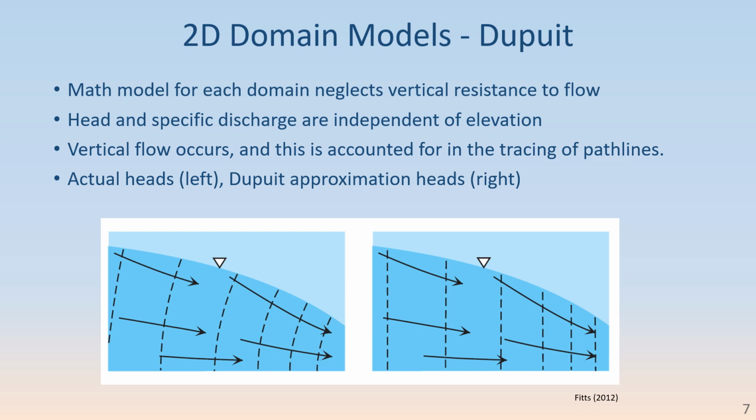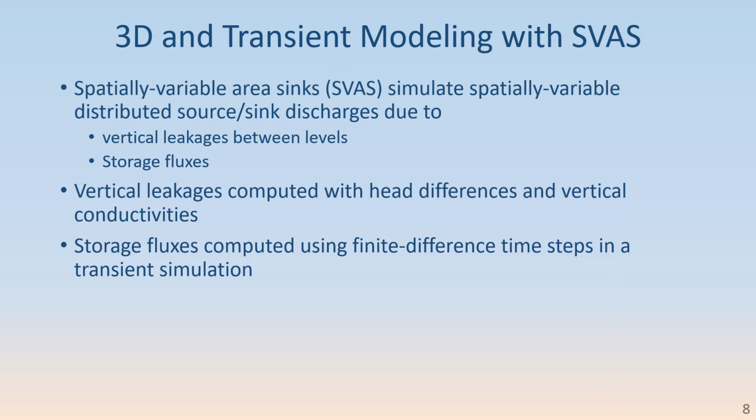We get to three-dimensional modeling by stacking multiple domains and accounting for the resistance of flow between them. That's how Anaqsim does it. The three-dimensional and transient capabilities of Anaqsim are achieved using spatially variable area sinks, SVAS, which distribute discharge over areas and do it in a way that is spatially variable.